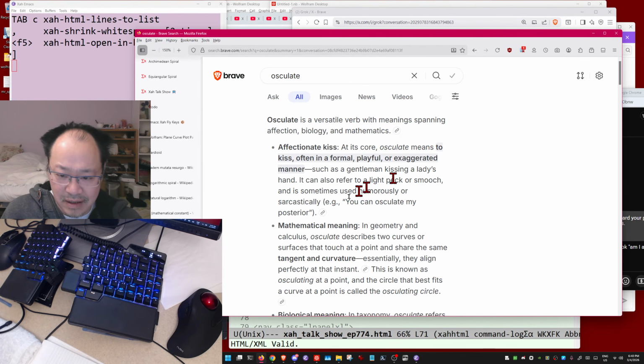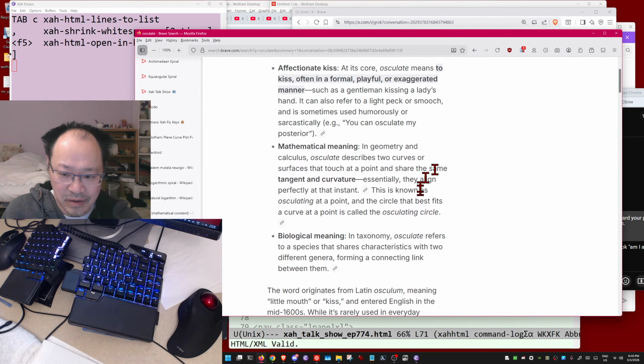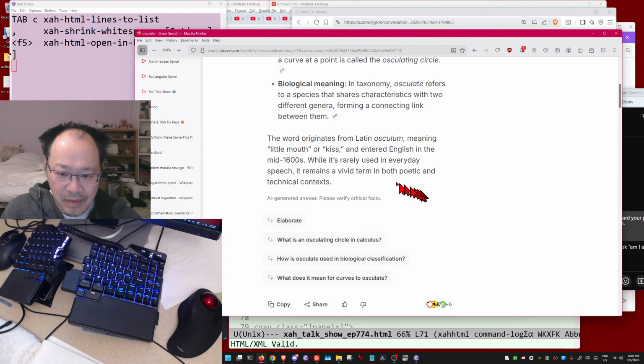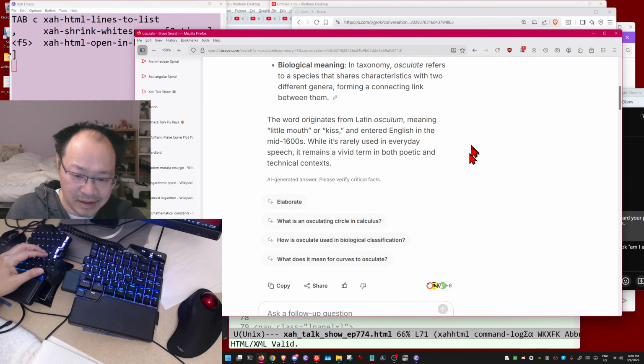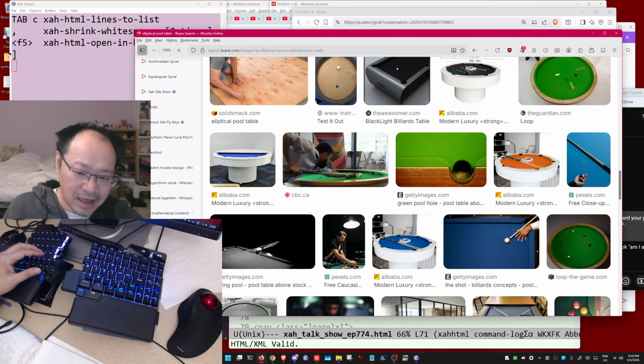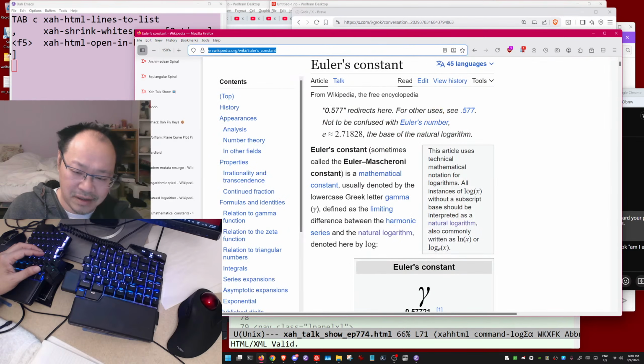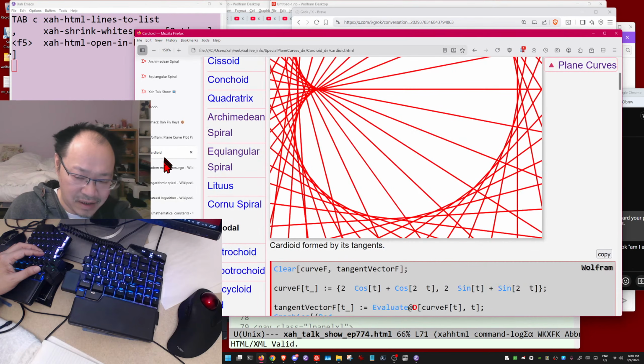Osculate to mean kiss. Okay, but what is the origin? So the word originates from Latin osculum, meaning little mouth or kiss. Okay, so from Latin.